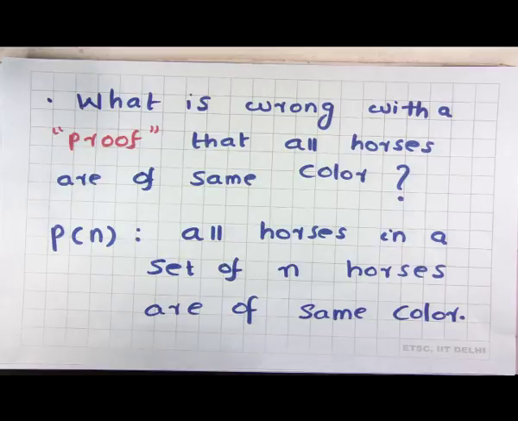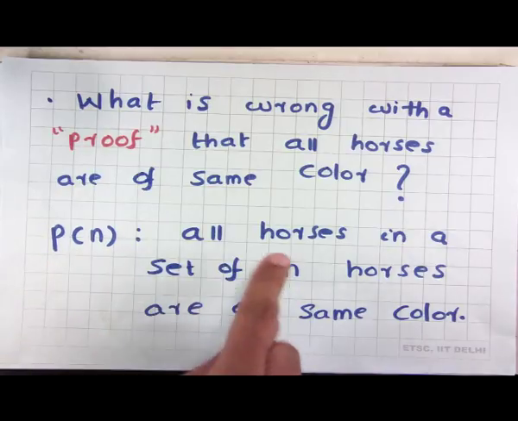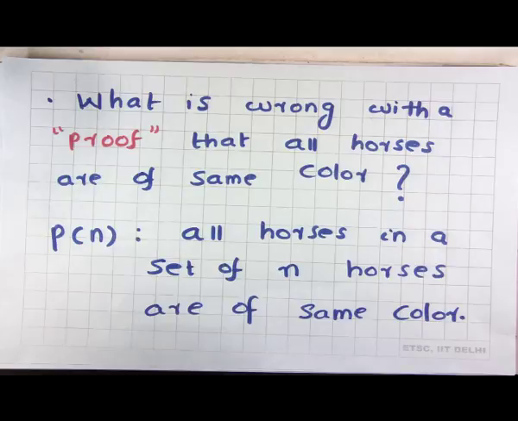So, this is a statement involving natural numbers, so ideally I can use mathematical induction. Let me try to establish P of n, that is, all horses in a set of n horses are of the same color, using mathematical induction.